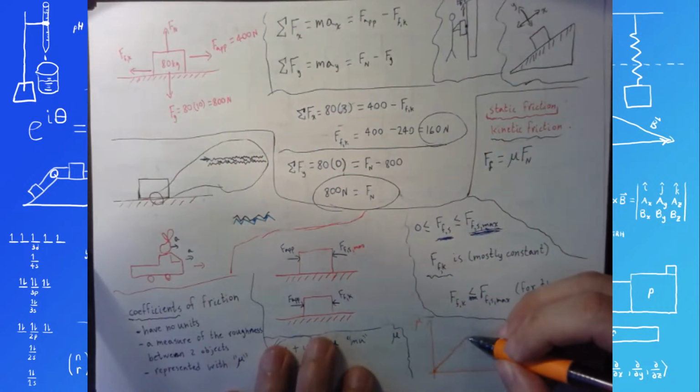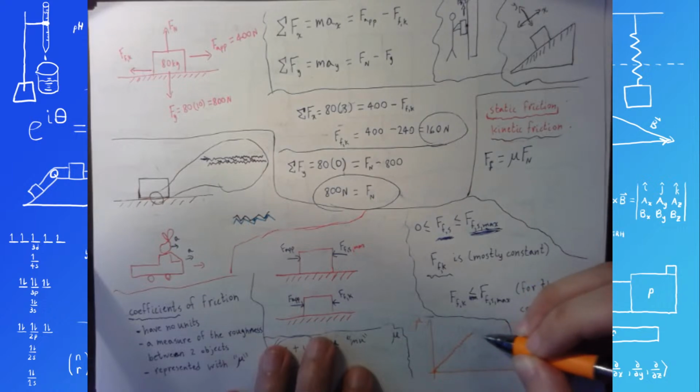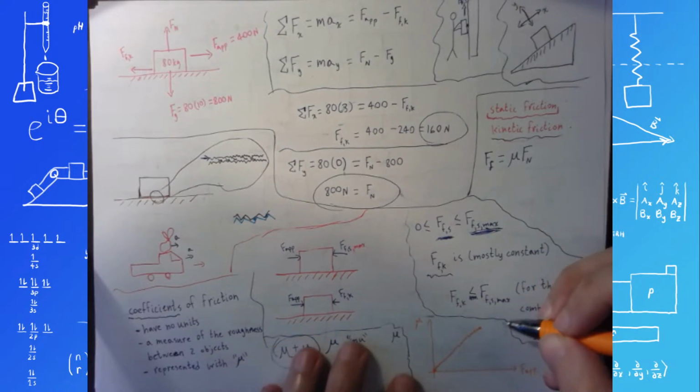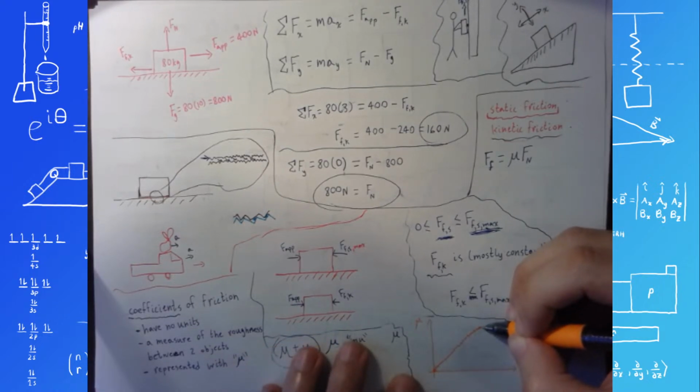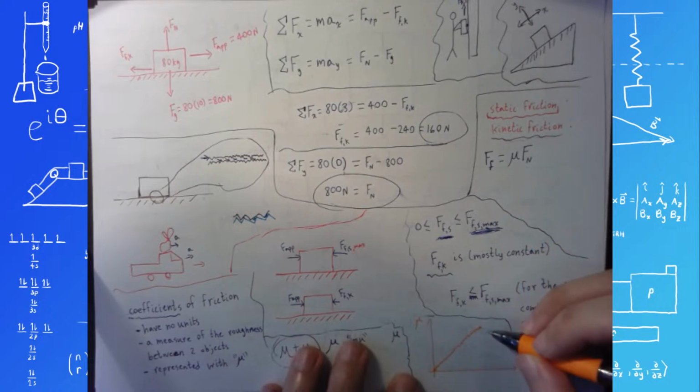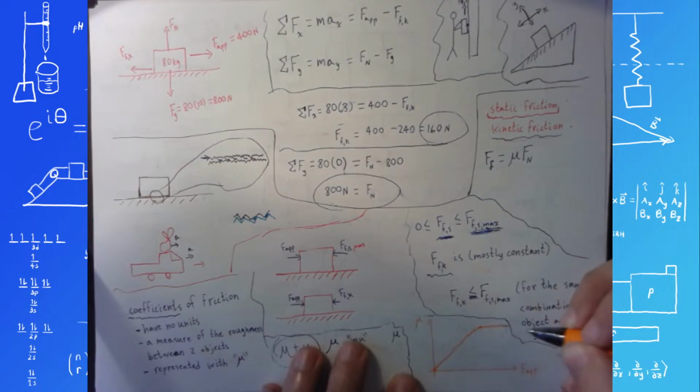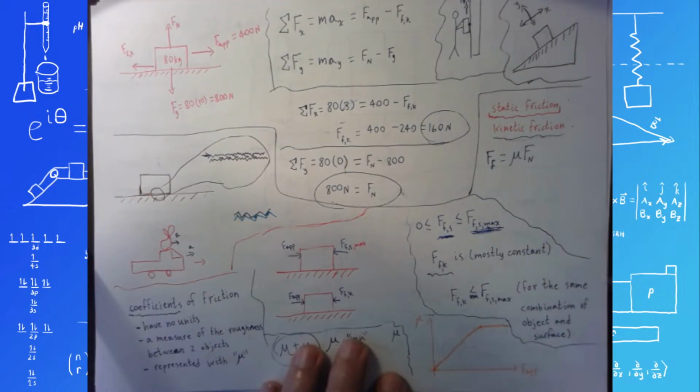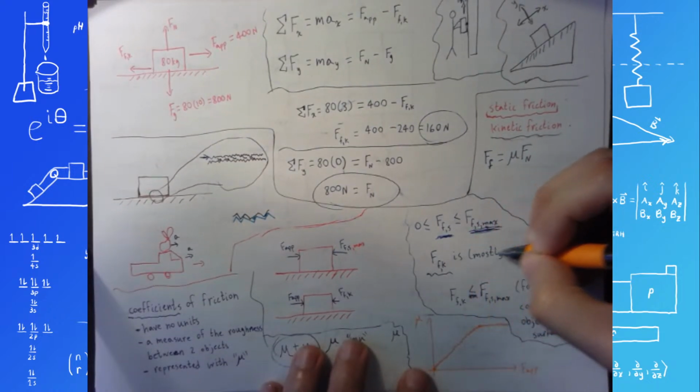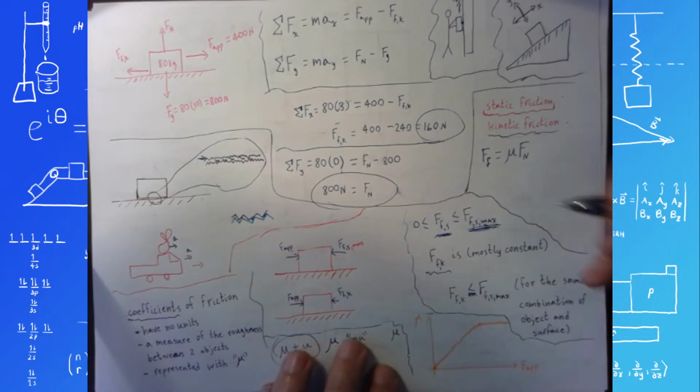So you do get this sort of jagged graph that meanders its way up and down until you hit some sort of breaking point where you've reached the maximum static friction, and at that point your coefficient of friction is approximately constant, and it kind of just zigzags a little, but is mostly a horizontal straight line. That's what I was talking about earlier when I said that the force of kinetic friction is mostly constant.